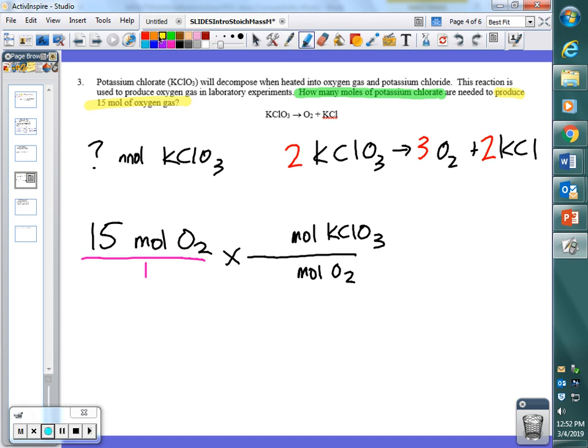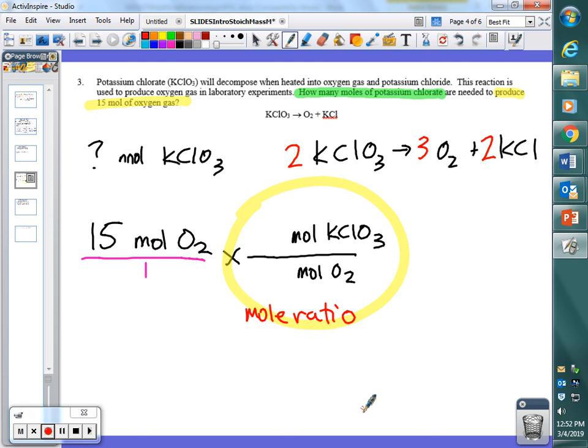This conversion factor is a special conversion factor because it compares one part of the reaction to the other part of the reaction, right? We call this special conversion factor the mole ratio. Okay?